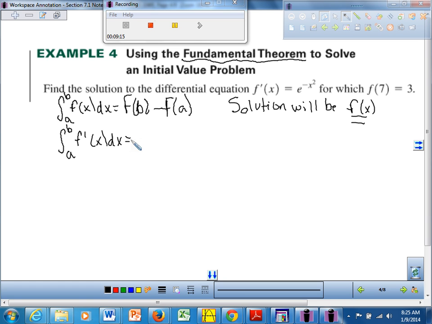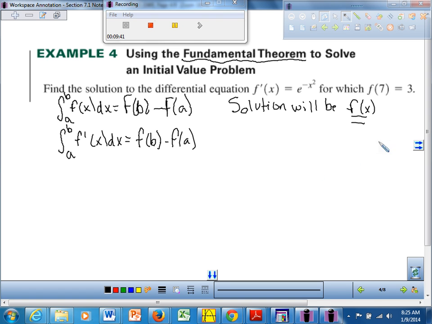And what is the antiderivative of f prime? Lowercase f. I'll do my best to make a distinction here. Minus lowercase f of a.